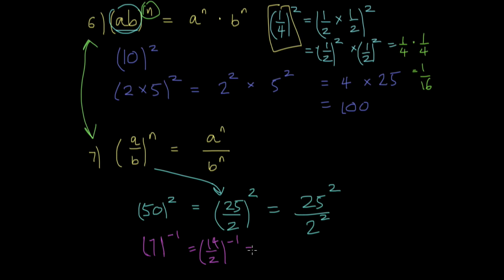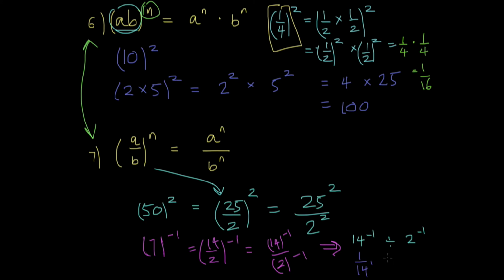That gives me 14 to the negative 1 divided by 2 to the negative 1. And from our previous laws, we know that if you have a negative exponent, then you just have to flip them around. So I'm just going to write this separately for now, so we don't get confused. 14 to the negative first would be 1 over 14 to the first power.